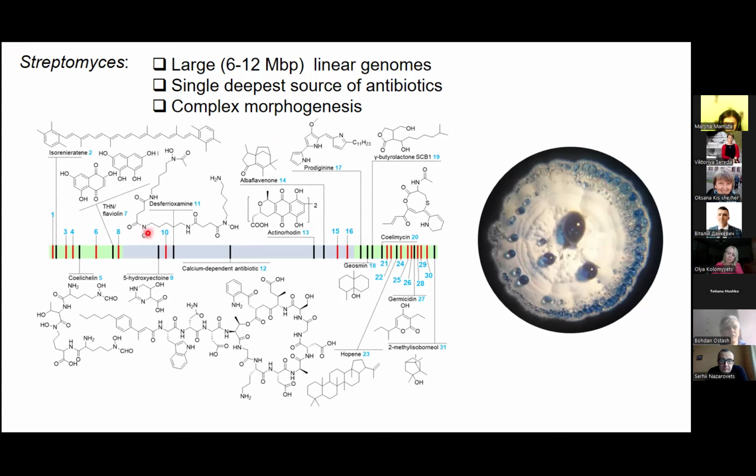And to the left, you see an artistic depiction of the chromosome, the thick blue line, and the chemical formulas above and below the chromosome are other antibiotics which can be produced by a single strain of Streptomyces.